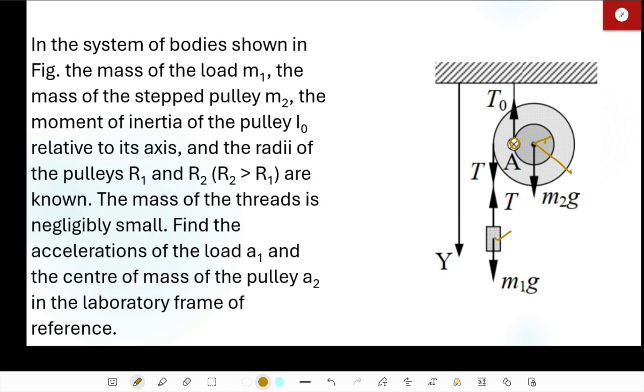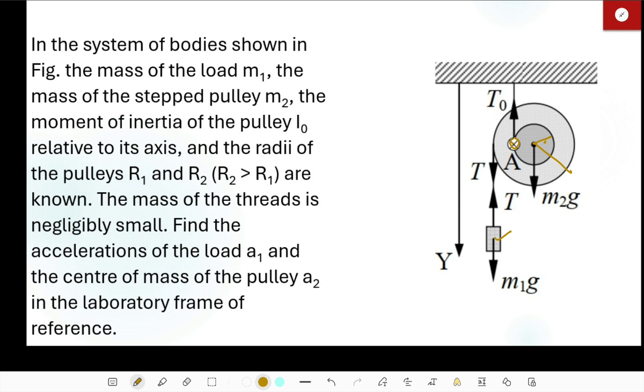So now the instantaneous axis of rotation has been decided, and in such cases, if somebody puts an inextensible thread, we can always find the instantaneous axis of rotation.